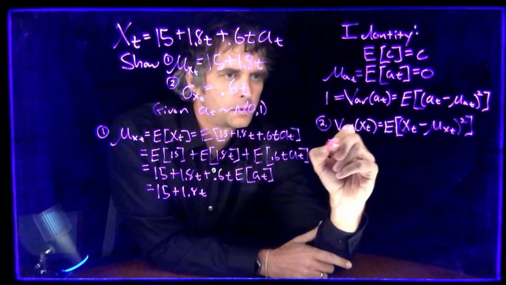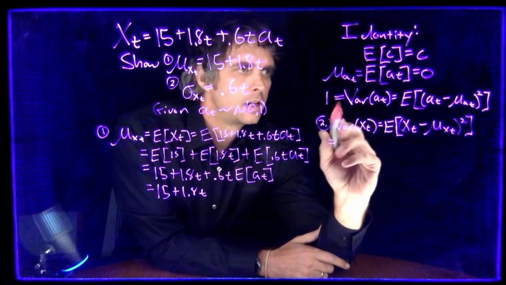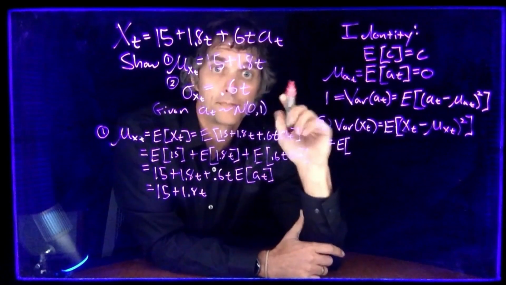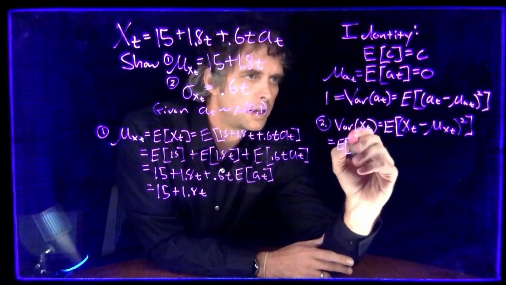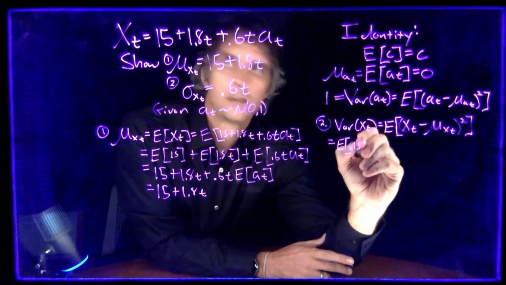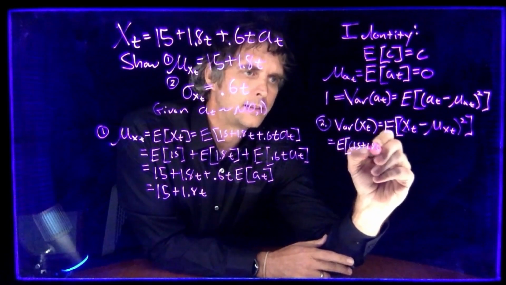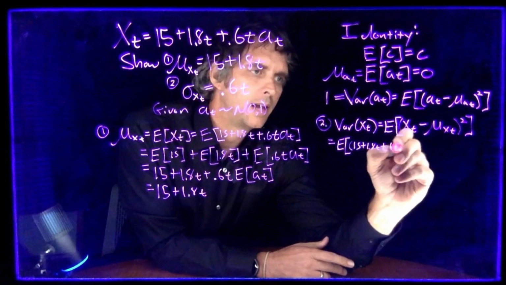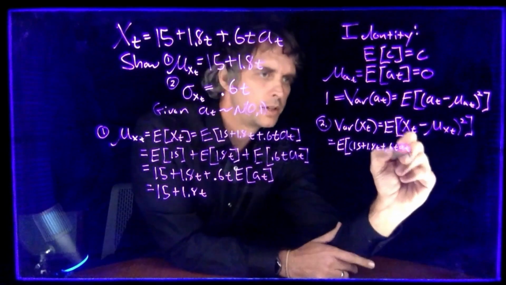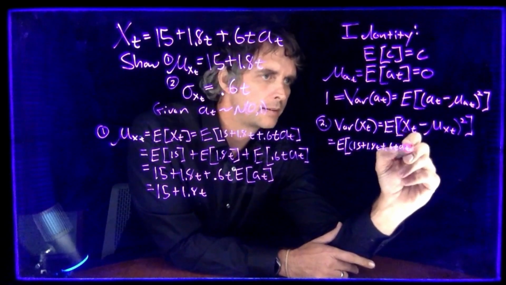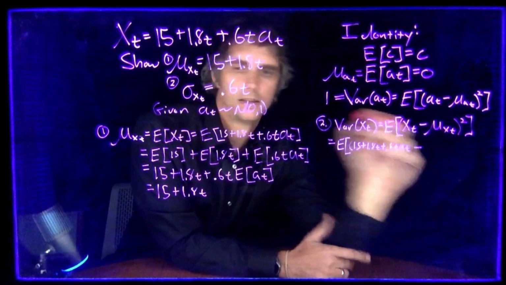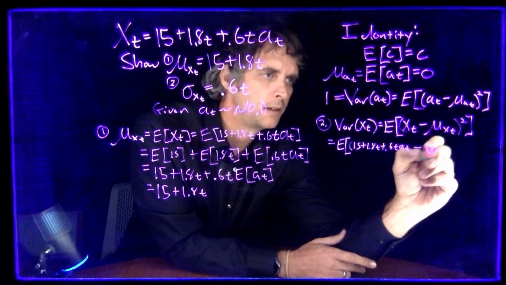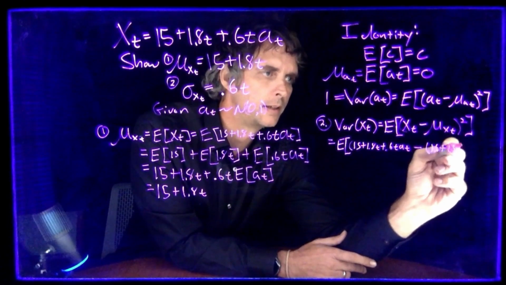So this equals the expected value of, let's expand xt. Xt is 15 plus 1.8 t plus 0.6 t at, and we just established the fact that mu xt is 15 plus 1.8 t. So that's 15 plus 1.8 t.